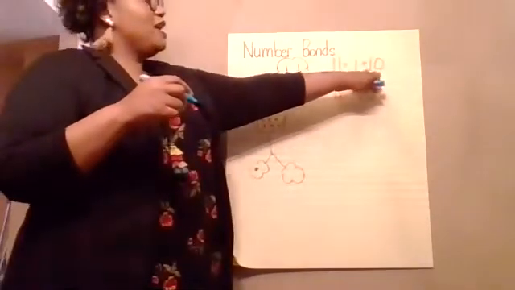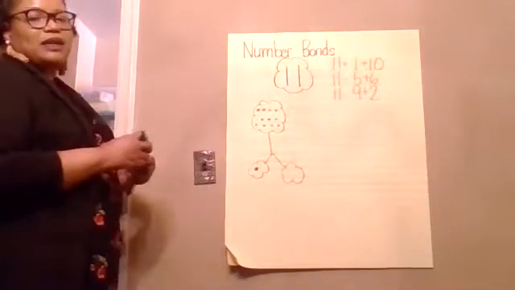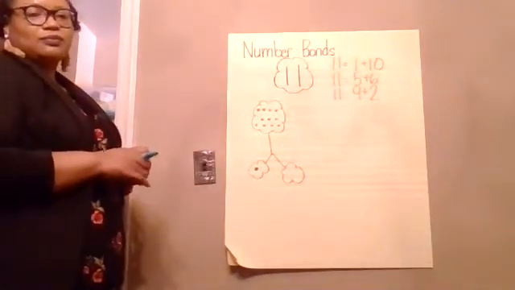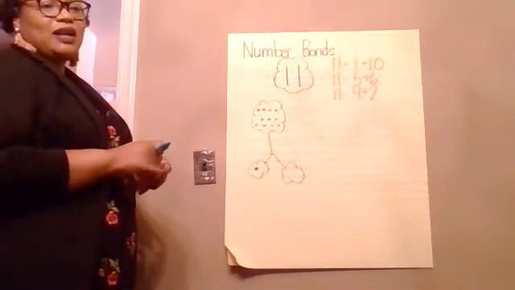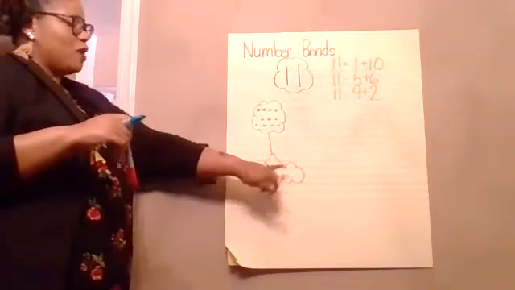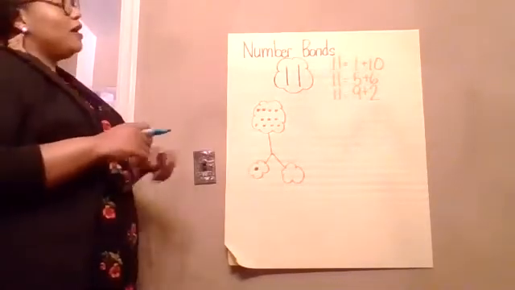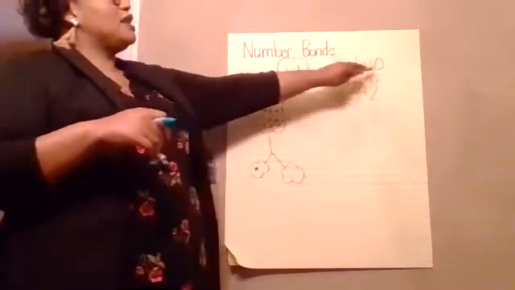Now, if 10 is what I'm adding to the 1, how many will I put in the second part? If you said 1, that's not quite correct because that means that 1 plus 1 is going to equal 2. And our whole number is 11 today. But if you said the number 10, you are correct.